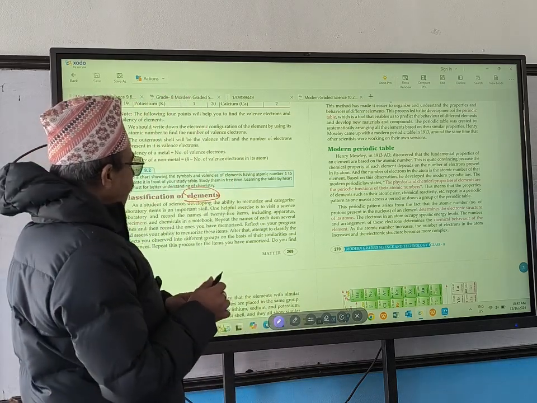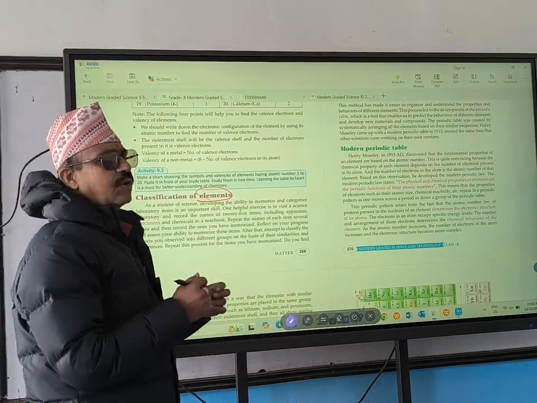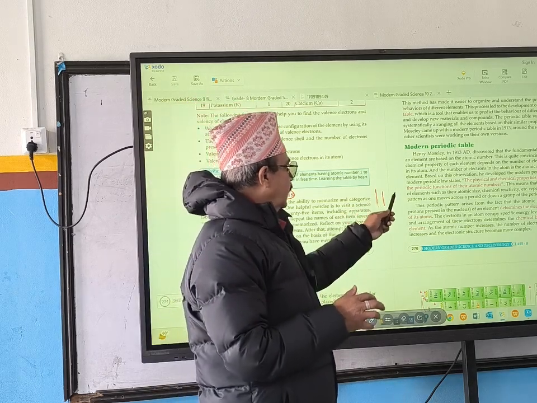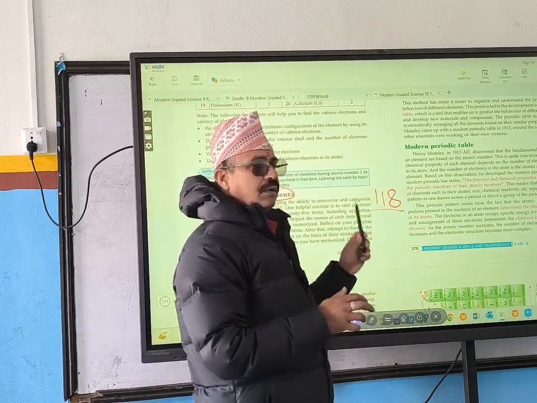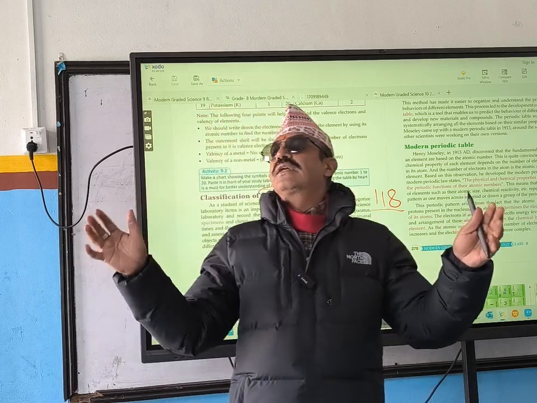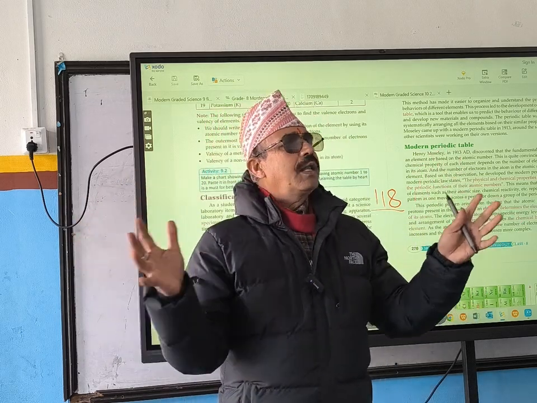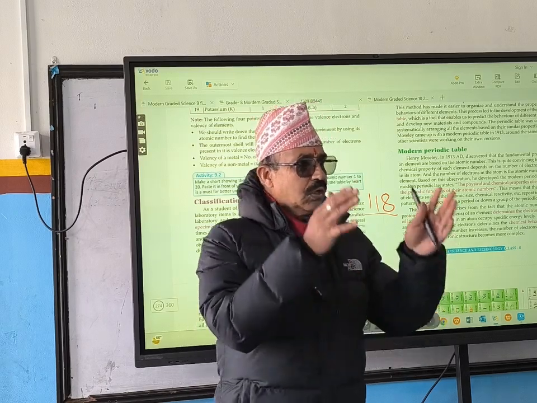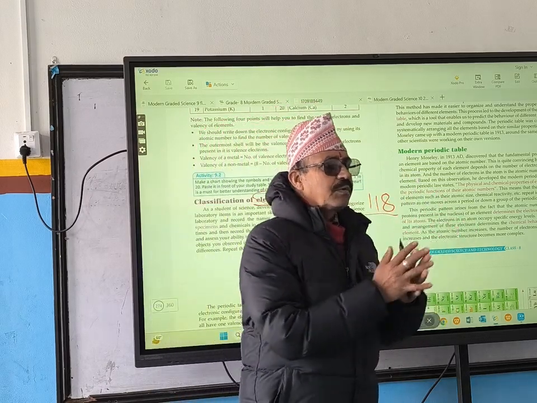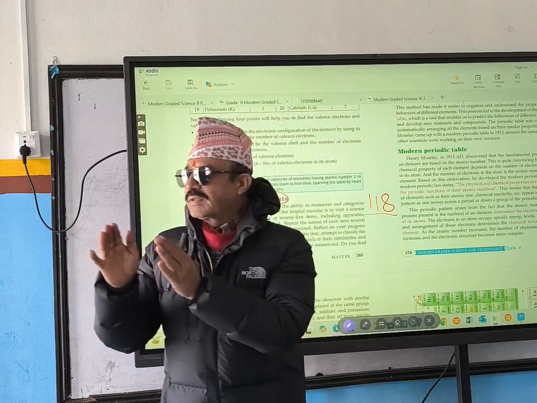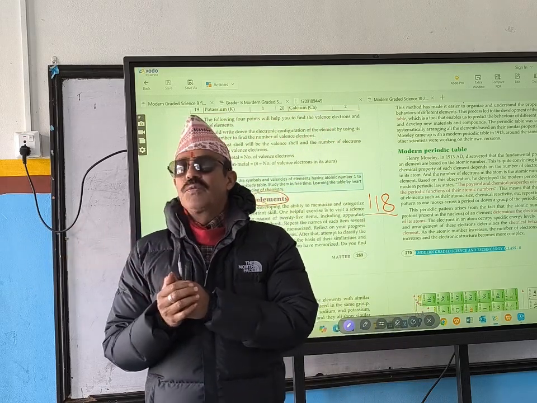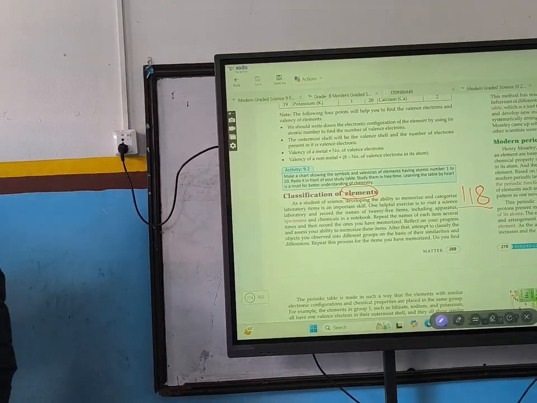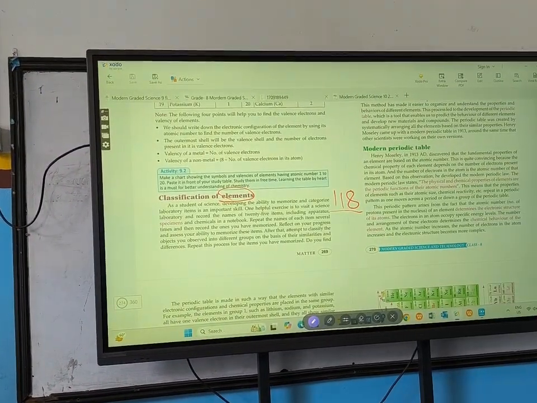So, how many elements are known till now? 118. If we start reading all elements together, then it will be difficult or not? Some elements have similar properties, some elements have different properties. For example, some elements are metal, some are non-metal.